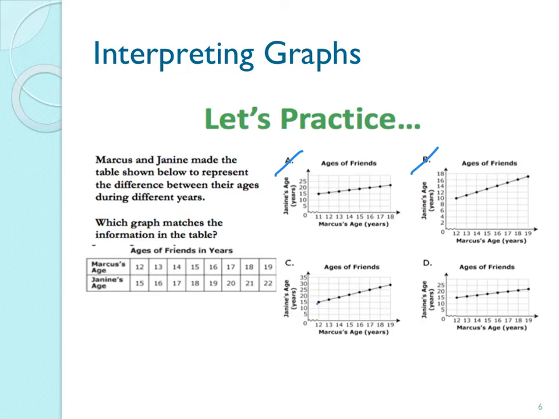And on D, let's see, it's going to be D, because the 19 to 22, and on this one it's going to be above 25, which would show C is not correct.